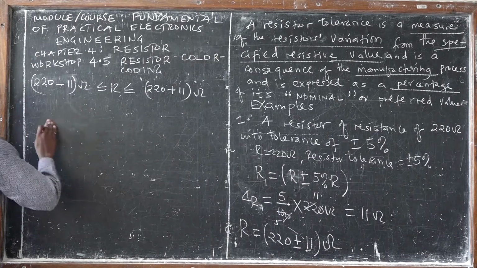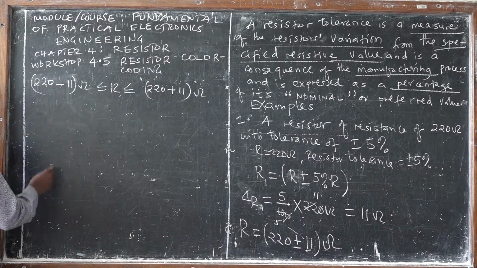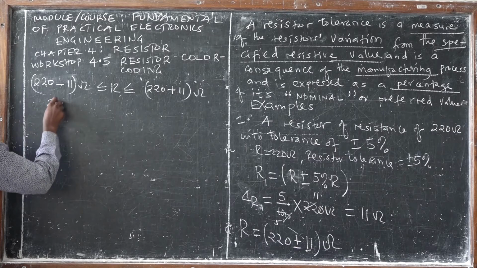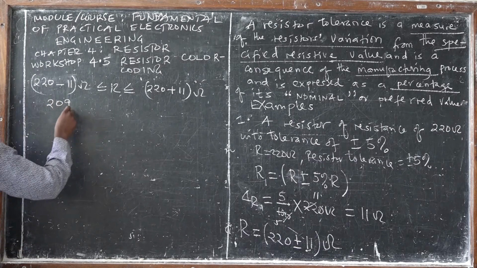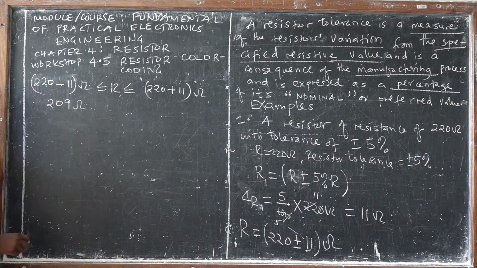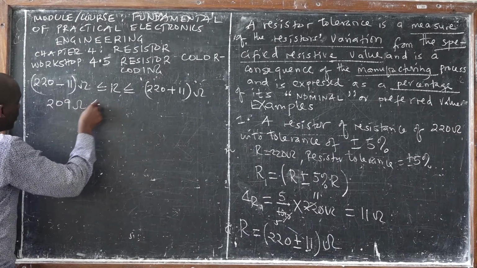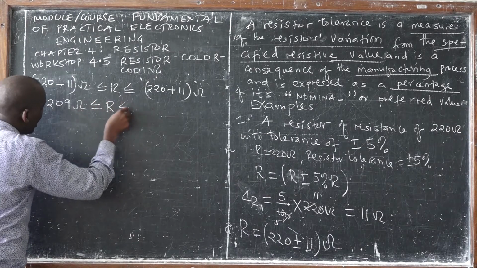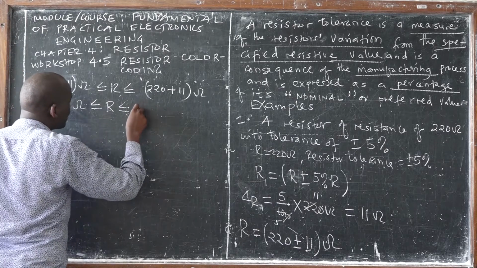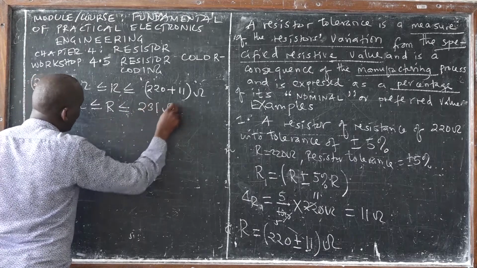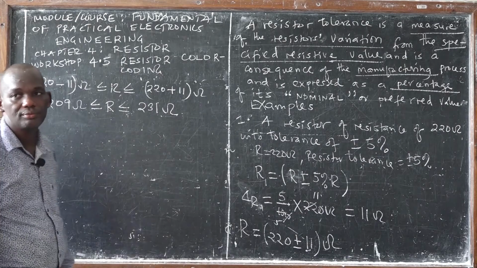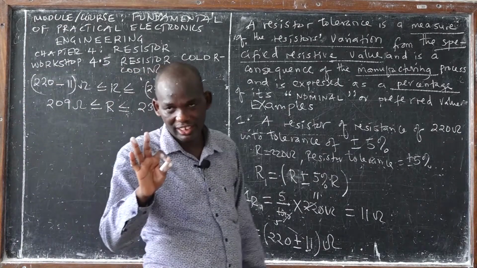So the range of this resistor will be 220 minus 11, 209, right? Then less than or equal to resistor R, then less than or equal to 231. So listen.